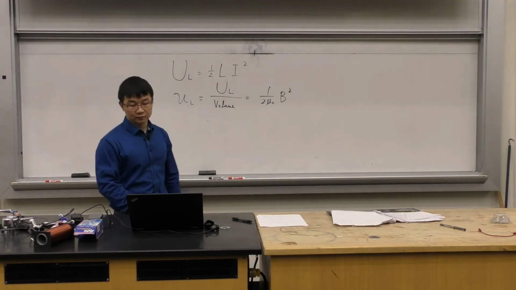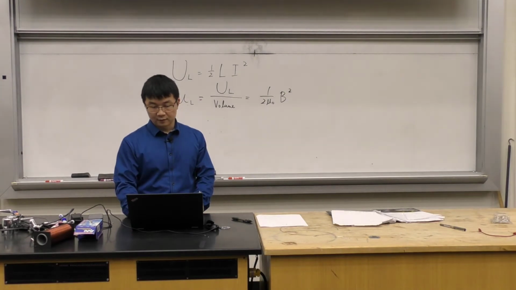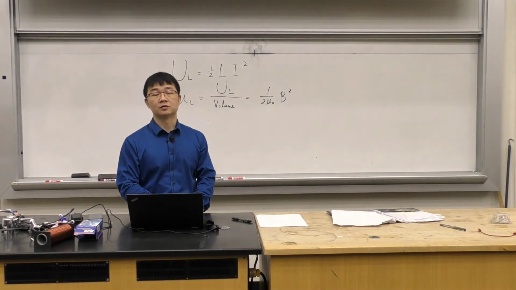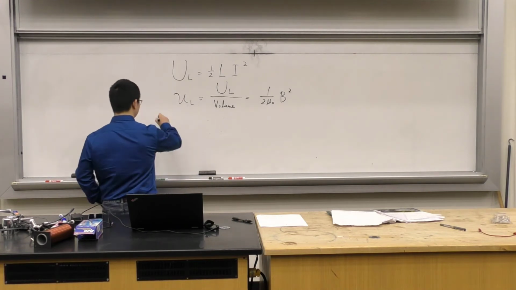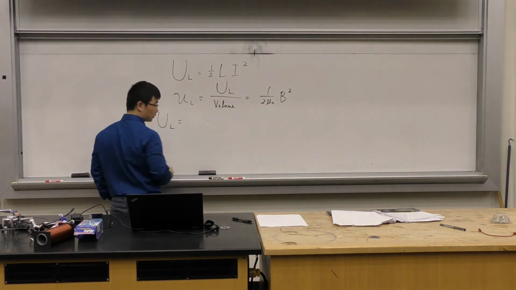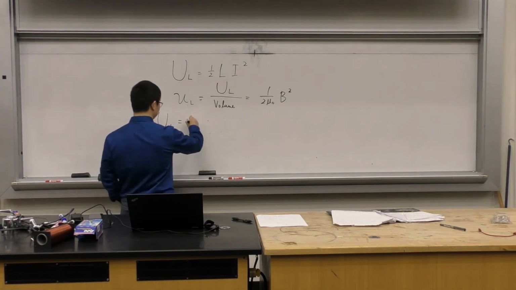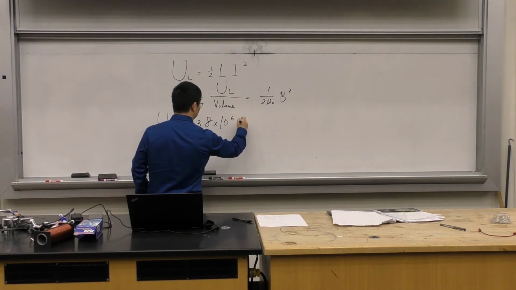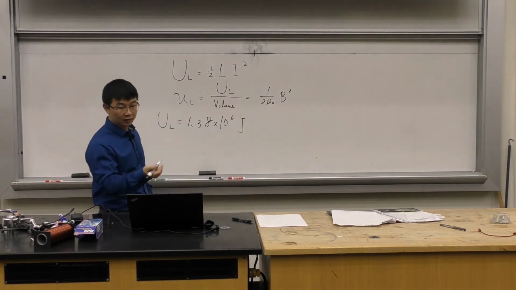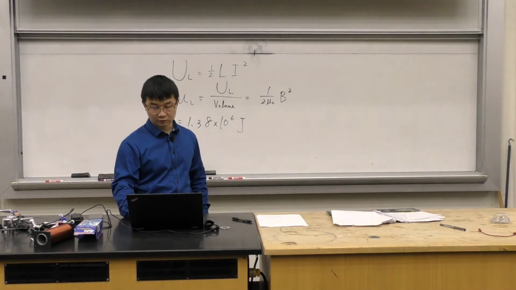So this part is mostly plugging in. The current is 2.3 kiloamps, so you convert it to amps. At the end you will get the answer. Again, pause the video, do it. This is an easy one. The L we calculated last time using the equation for the solenoid, right?